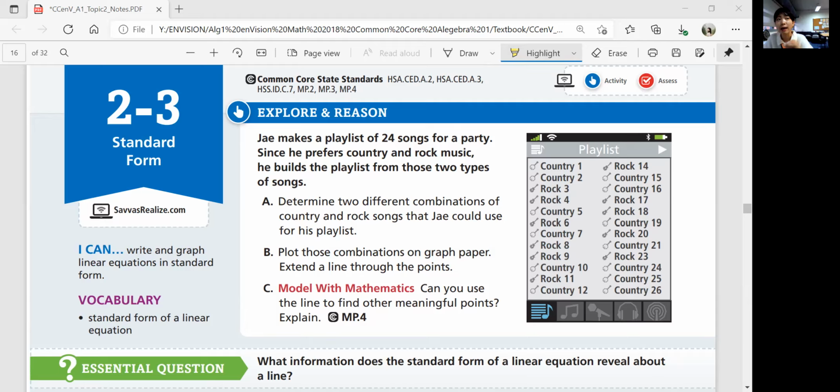Any country and any rock. Two that Jay could use for his playlist. What do you think? Okay. How many country songs?